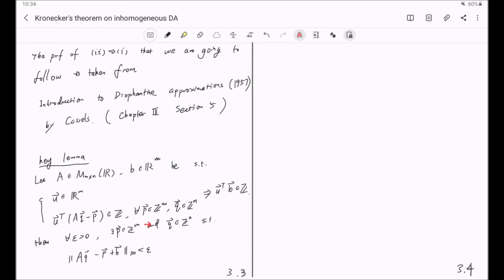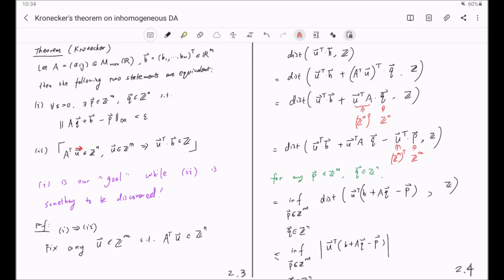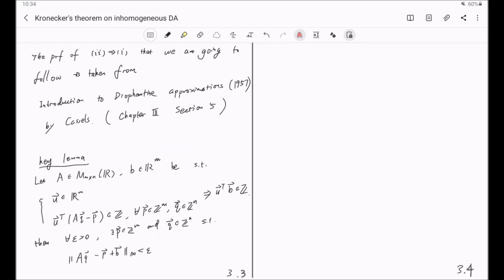And this part is the same as the statement 1 in the Kronecker theorem. So the goal of this lemma is to replace the statement 2, namely this statement in the Kronecker theorem, with this guy.